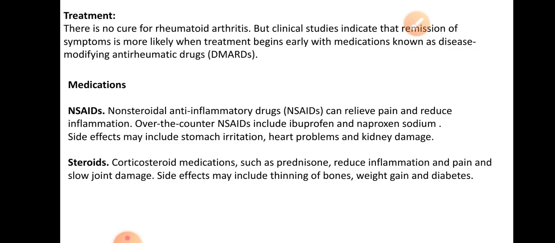Over-the-counter NSAIDs include ibuprofen and naproxen sodium. Side effects may include stomach irritation, heart problems and kidney damage. Next is steroids. Here, corticosteroid medications such as prednisone reduce inflammation and pain and slow joint damage. Side effects may include thinning of bones, weight gain and diabetes.